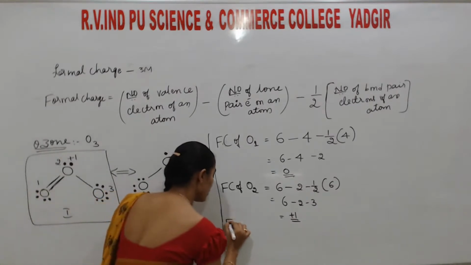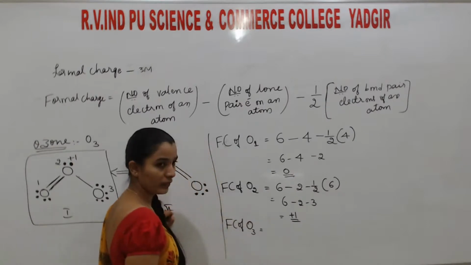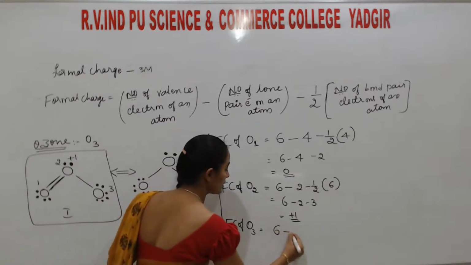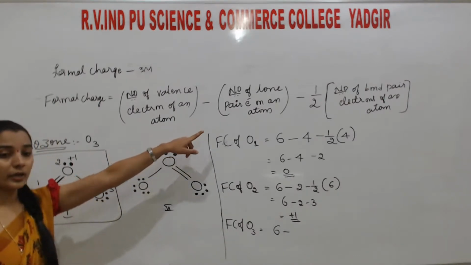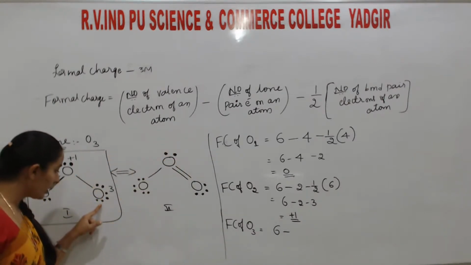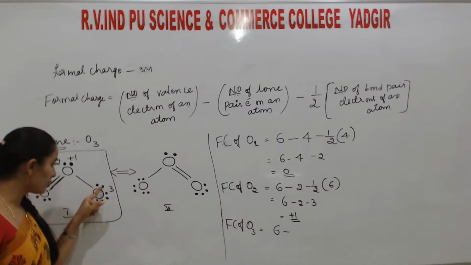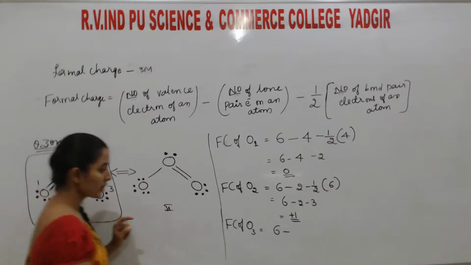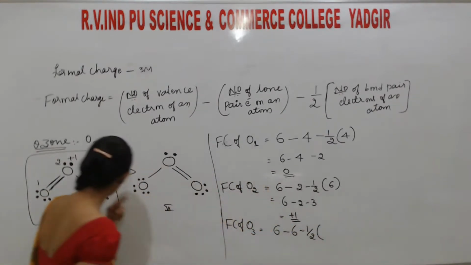Next, the formal charge of oxygen 3. The number of valence electrons is fixed. Next, the number of lone pair electrons. Here 1, 2, 3 lone pairs are there. 3 lone pairs means count the electrons: 1, 2, 3, 4, 5, 6. Here it is 6 minus half into only one bond.